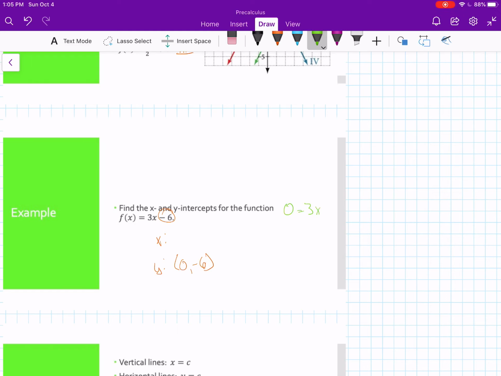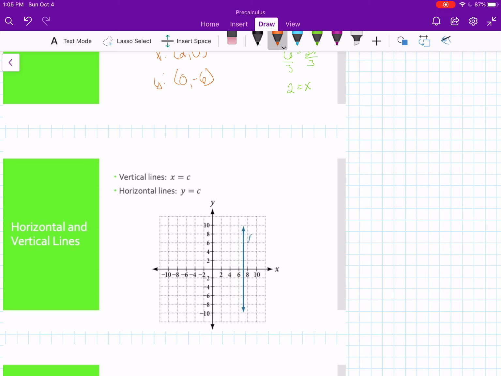So 3x minus 6, and just solve for x. So 2 is equal to x, so our x-intercept is at the point 2, 0. If you want to double check yourself, go ahead and use a graphing calculator to double check that you're correct.